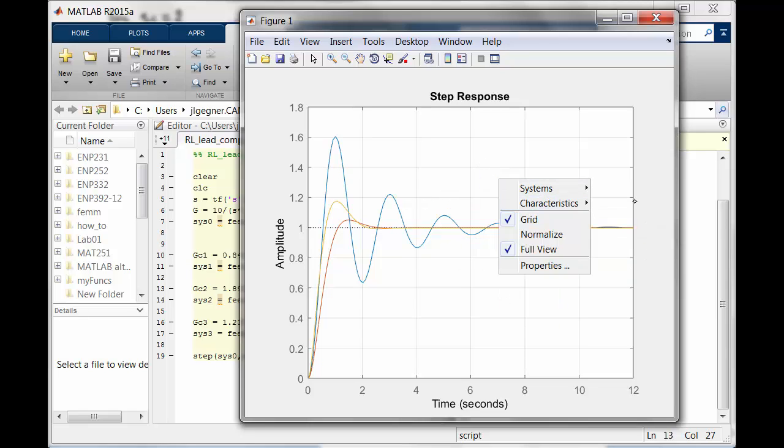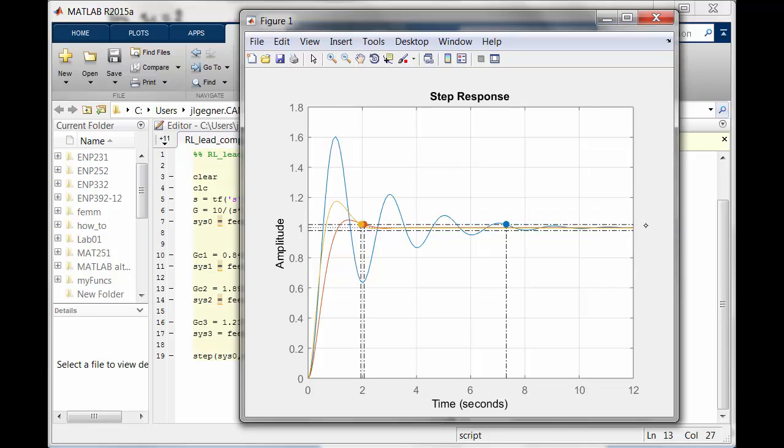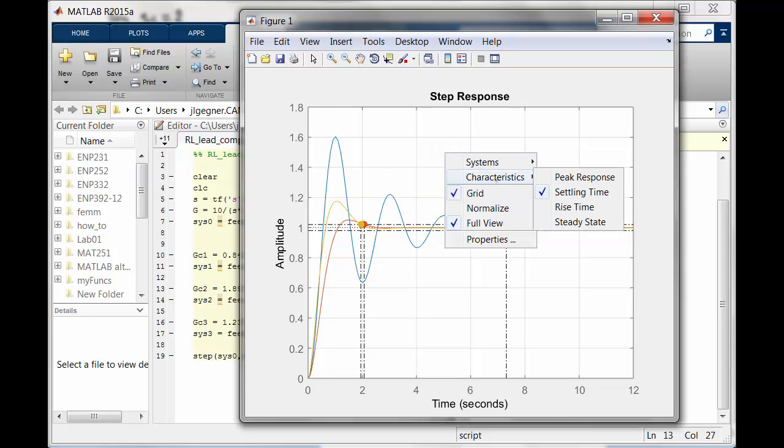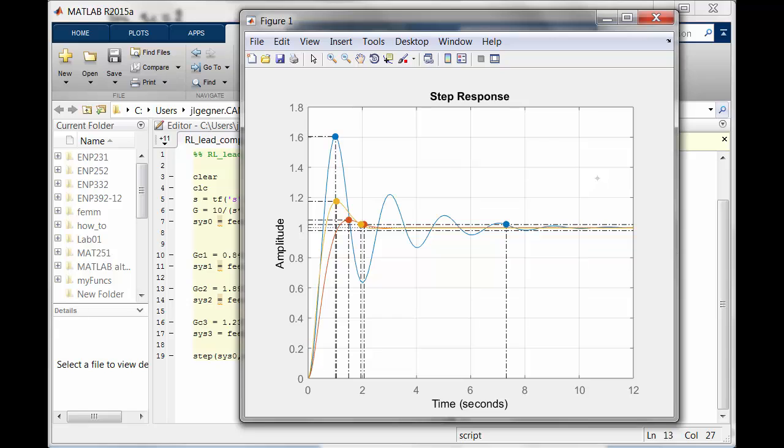If we turn on the settling time, we see that the settling time for our new system, which is the lighter color yellow, is around 1.95. So that's good. What about our peak response? Well, that's not as good. Our peak response previously was a 5% overshoot, and now our peak response has a 17.4% overshoot.